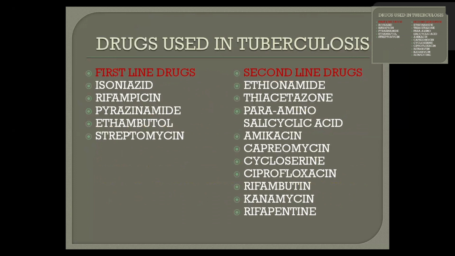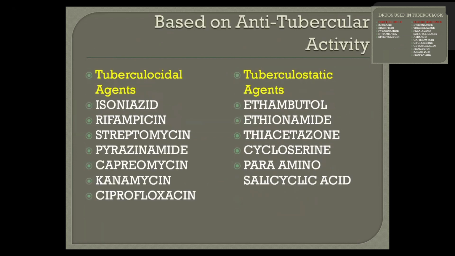We have seen the drugs that come under first line and second line. The major first line drugs are isoniazid, rifampicin, pyrazinamide, ethambutol, and streptomycin. In second line are ethionamide, thiacetazone, para-aminosalicylic acid, amikacin, capreomycin, cycloserine, ciprofloxacin, kanamycin. Then, based on anti-tubercular activity, the drugs are classified into tuberculocidal and tuberculostatic agents.